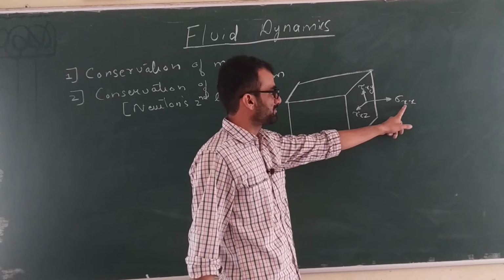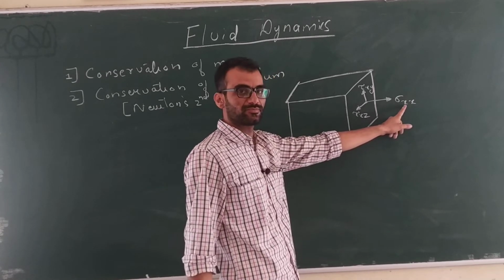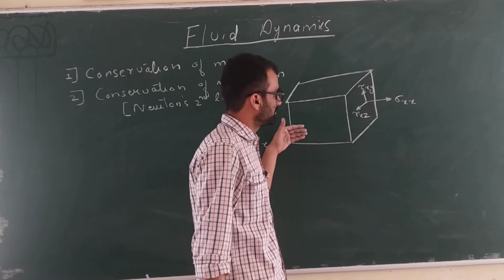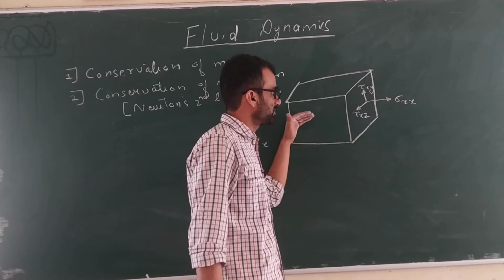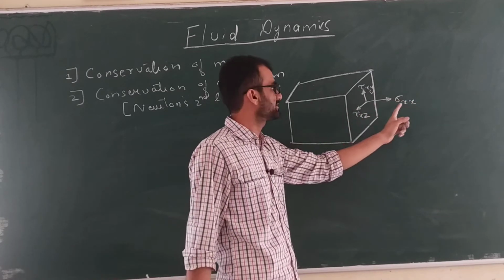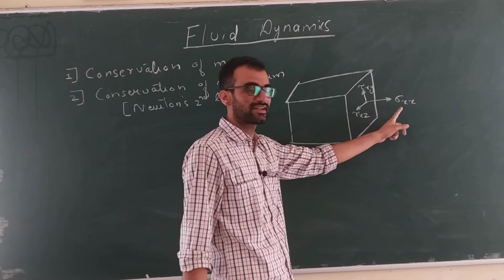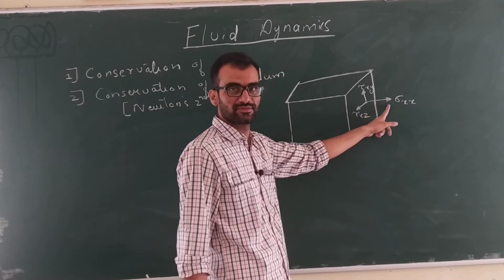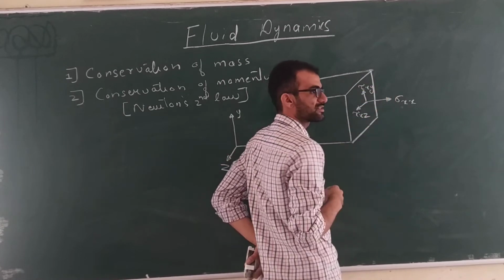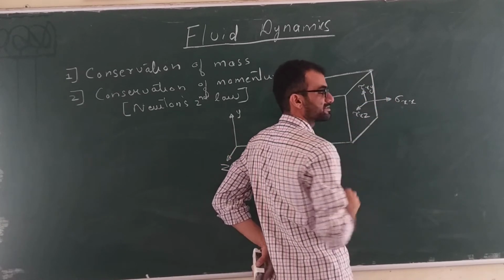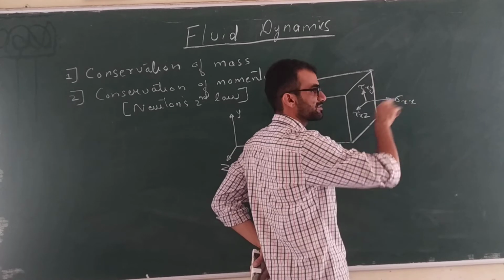The first subscript denotes the direction of the normal on that plane. So if this is the plane, what is the normal direction to this plane? This is x, so the first subscript will be x, and the second is the direction of the force itself. So the first subscript is related to the surface on which the stress component is acting, the second subscript is related to the direction of the force.